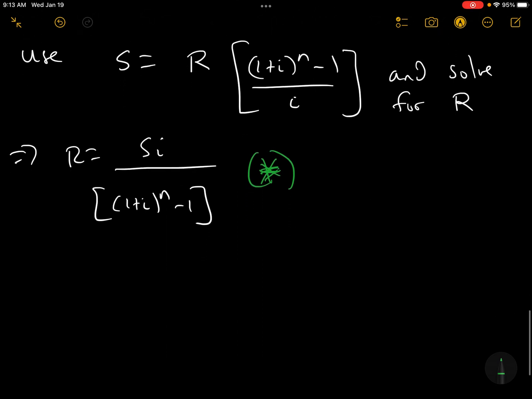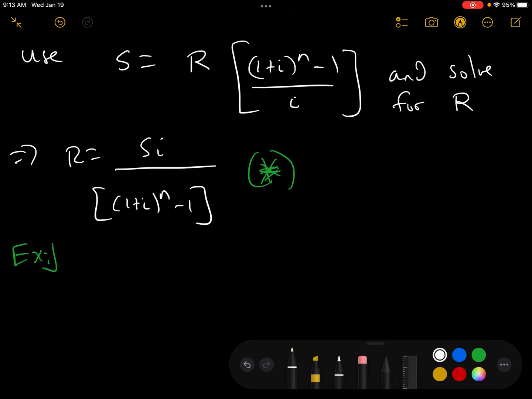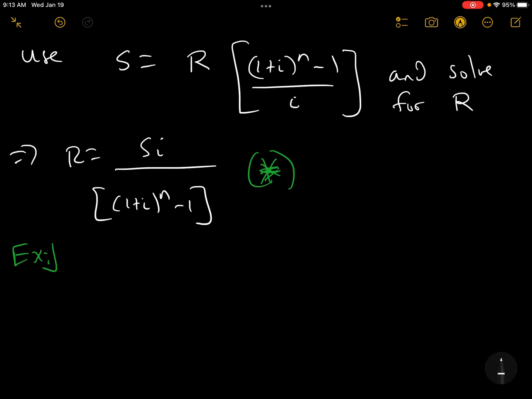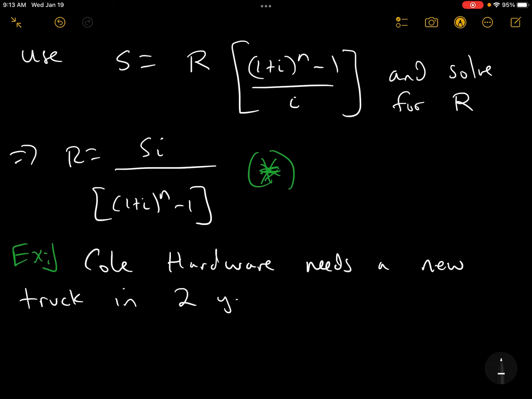So let's do an example here of a sinking fund. This is just what I was saying before. Let's say there's a hardware store. So Cole Hardware needs a new truck in 2 years' time.